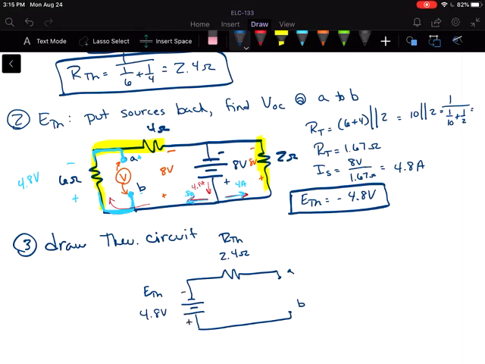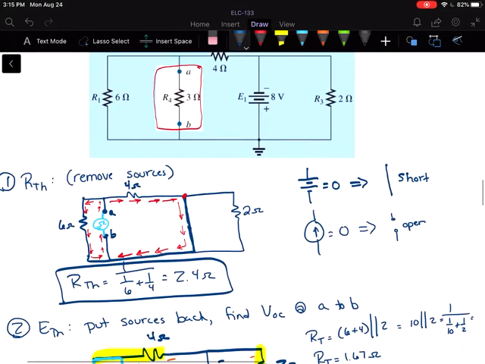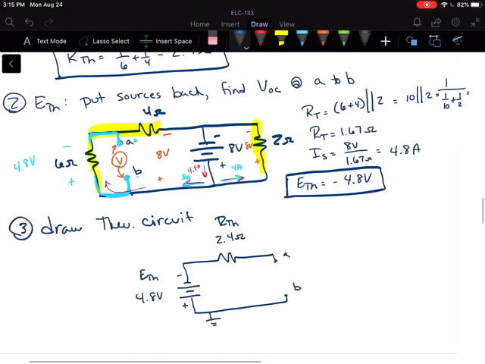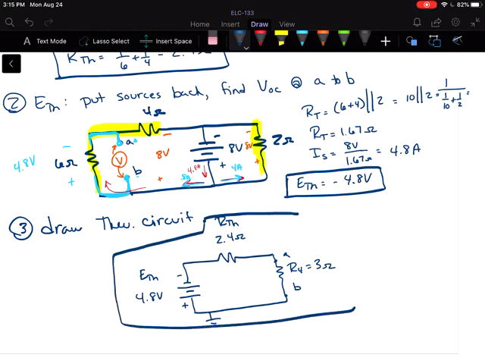And again, I drew it upside down because it came out negative. And then we just put back whatever we took out originally, which was R4. So I'm just going to put back that 3 ohm R4 right here. And there's my Thevenin equivalent circuit for the circuit we were given.